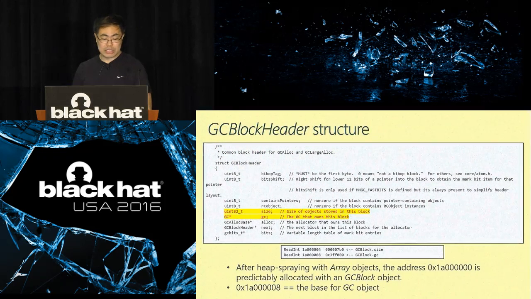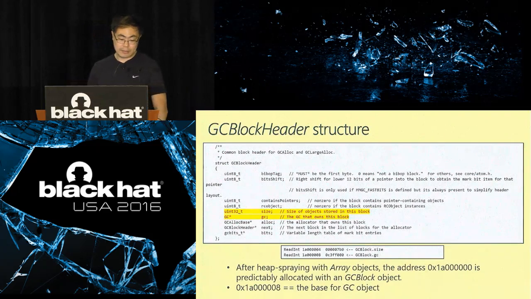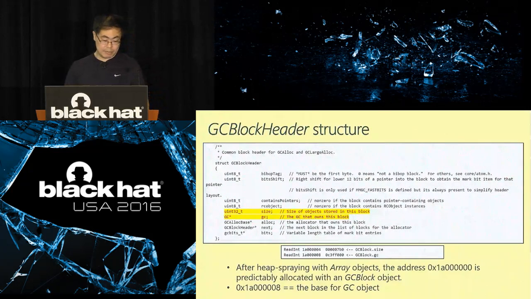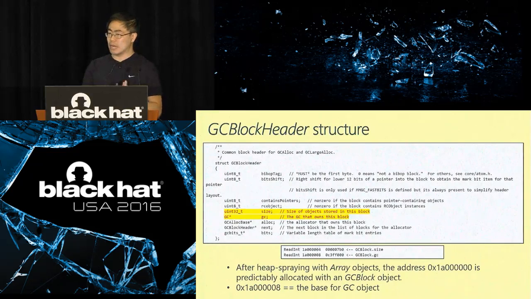If you look into the GC block header structure, if the exploit did some heap spraying, the specific address here, 0x1a000000, is predictably allocated by the GC block object. So after some spraying, the exploit knows that if you read this address after you acquire the RW primitive, you are reading the GC block header.